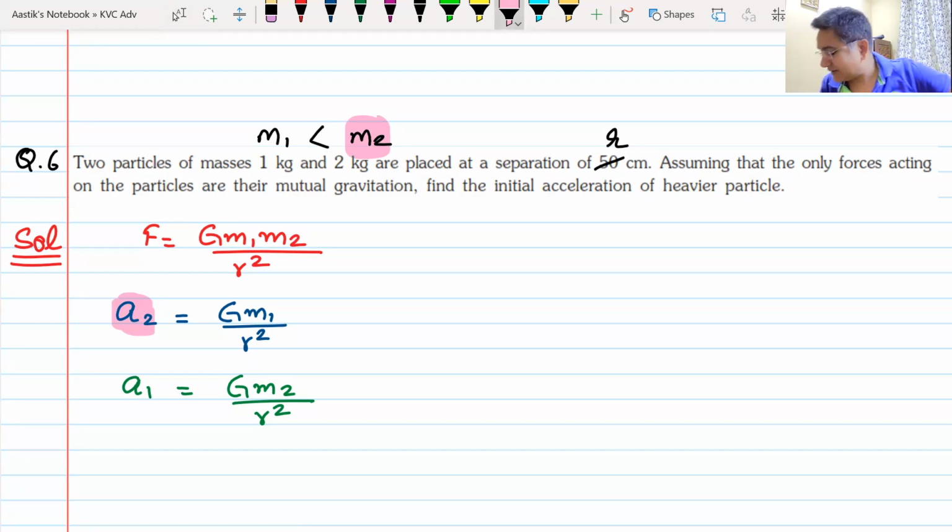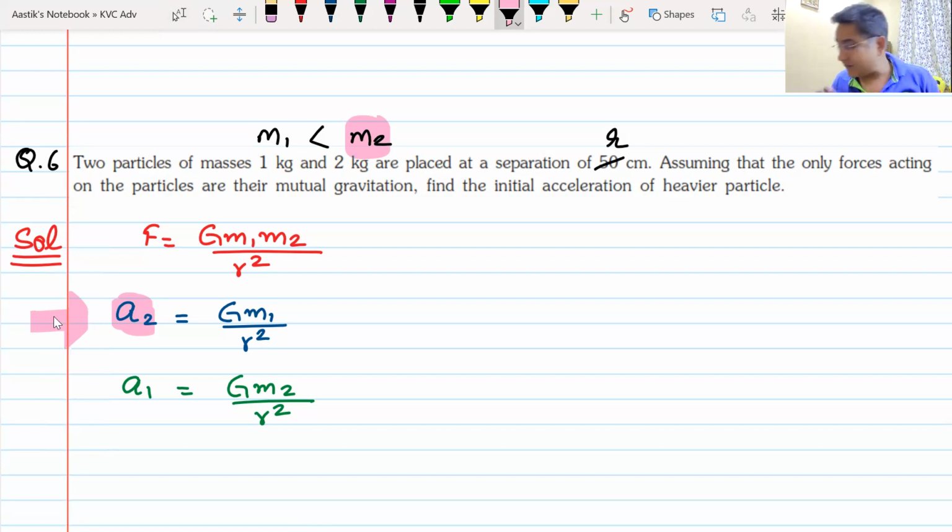This acceleration of the mass M2, as you can see, does not depend on its own mass. It depends on the mass of the first body, which is actually causing the acceleration. That gives us a point to start with the next topic, which is known as gravitational field.